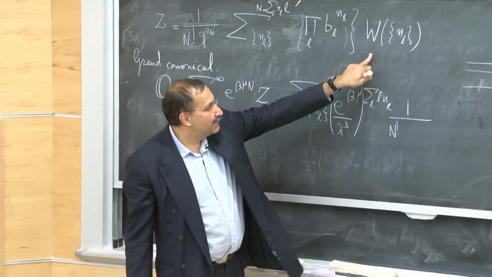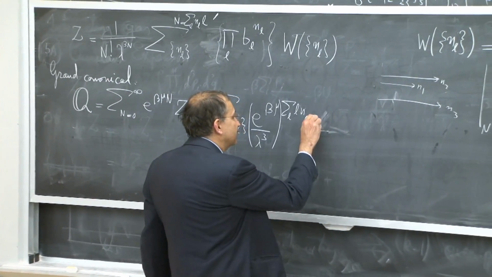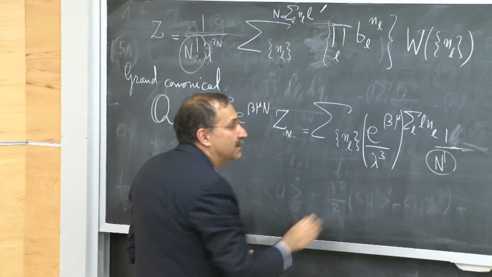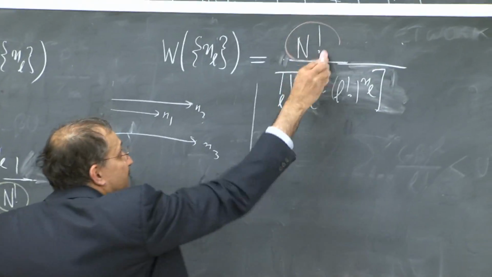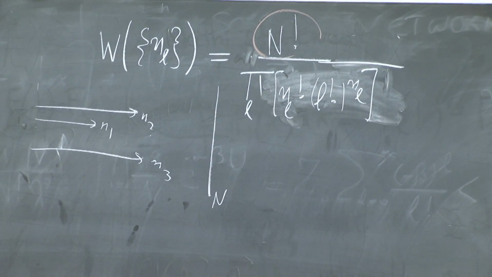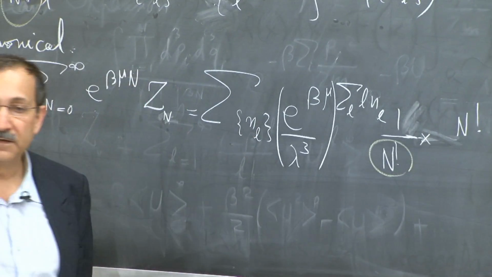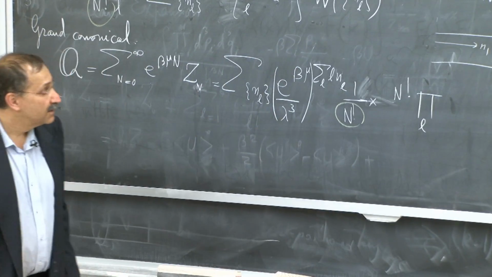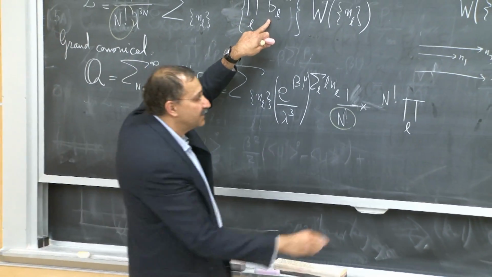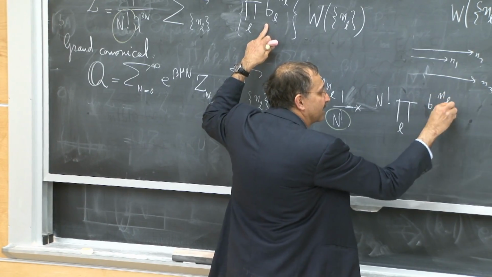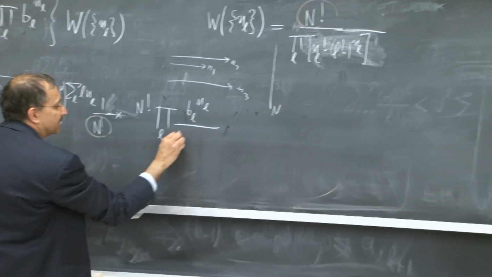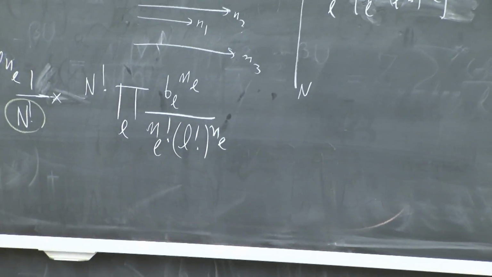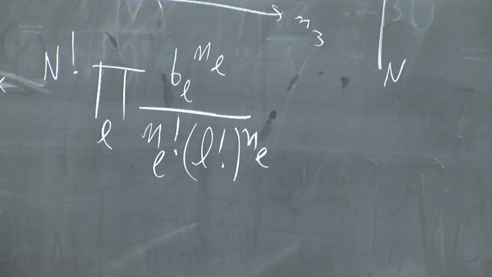I noticed that my W has an n factorial. So this is the n factorial that came from here, but then there is an n factorial up here from the W. So the two of them will cancel each other. And then I have a product over all clusters. Part of it is this bL to the power of nL, and then I have the contribution that is nL factorial, and L factorial to the power of nL. Okay?